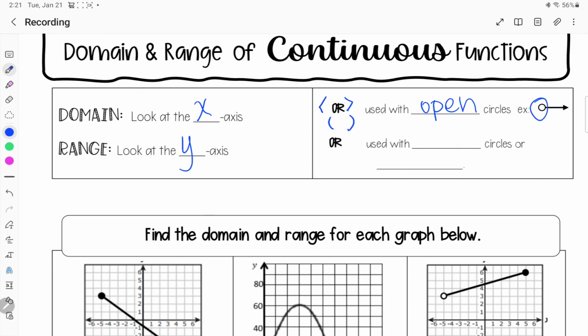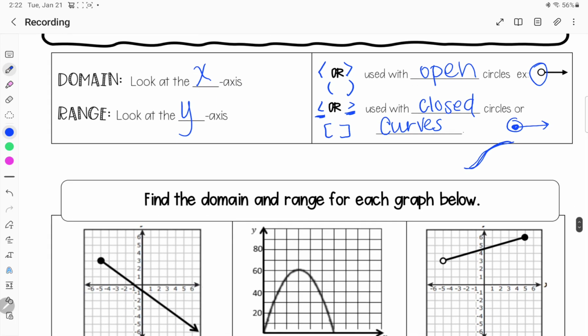So parentheses are open, and greater than or equal to has to have that equal to sign on it, or we can use brackets. That means that it's included, and is used with closed circles, or a curve. If it curves, then it also can be used with brackets, which means that it includes those.